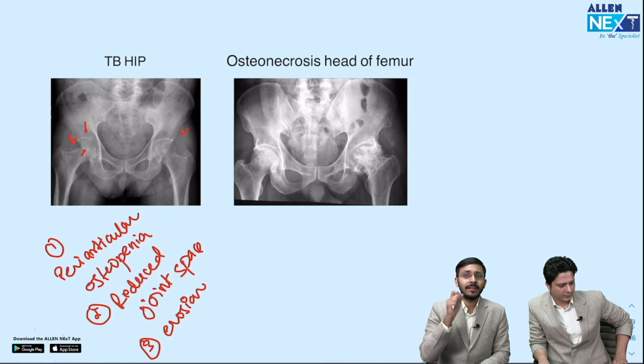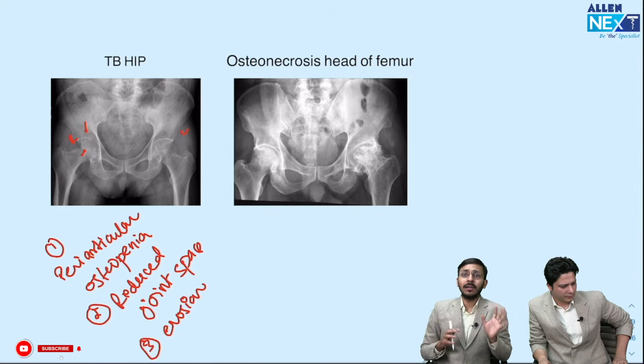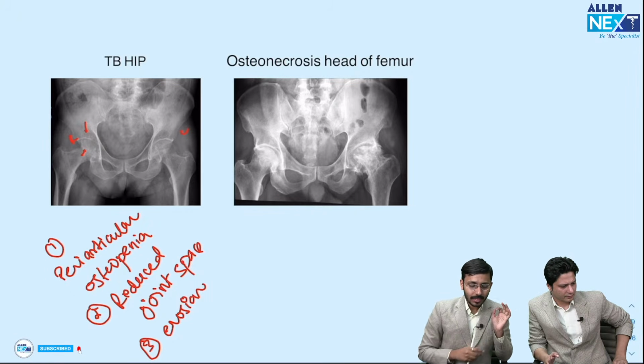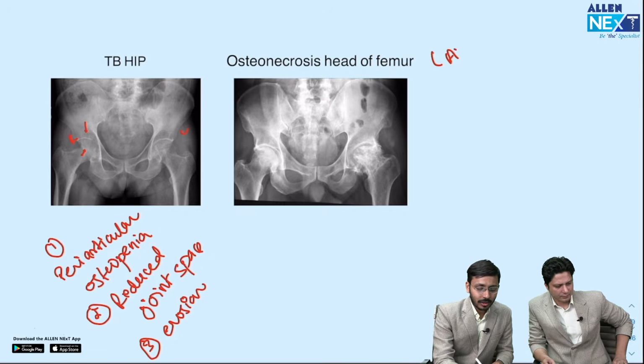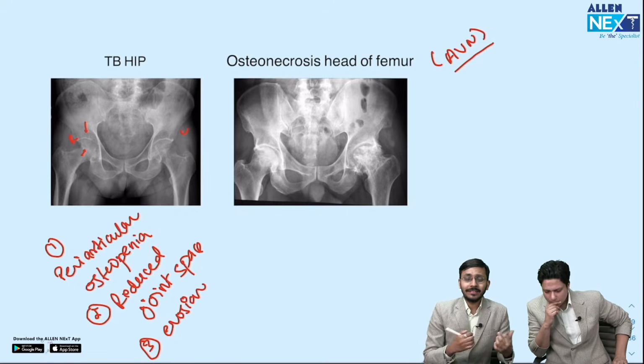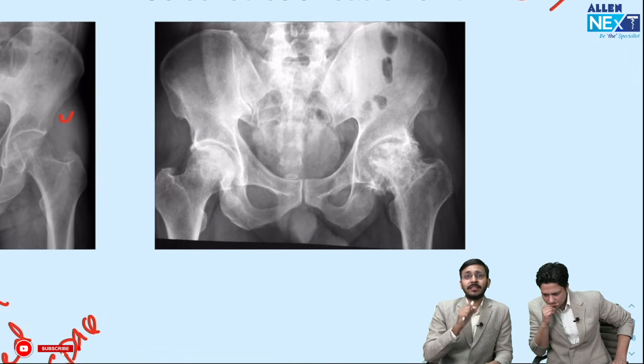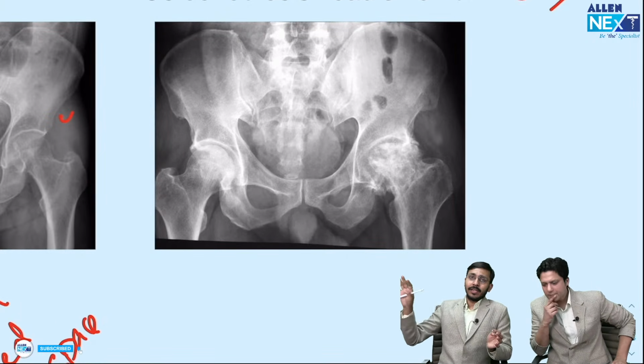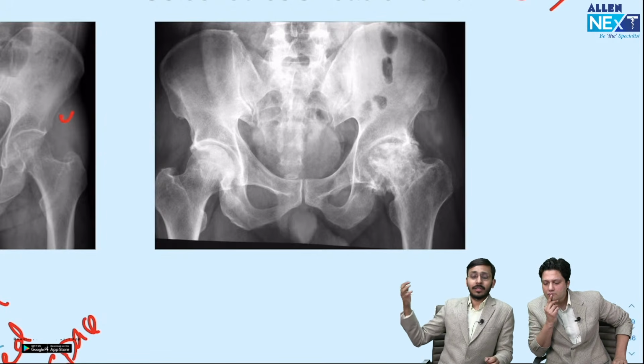What have we learned? We have learned reduced joint space and periarticular osteopenia early in the disease, as compared to osteonecrosis of the head of femur, earlier called AVN. What we see is that joint space involvement is a late feature, when secondary osteoarthritis develops.